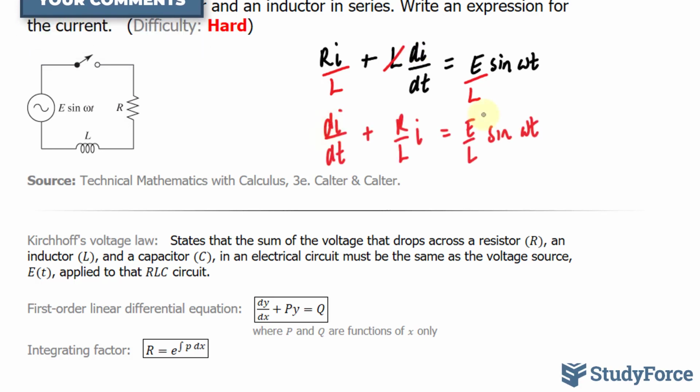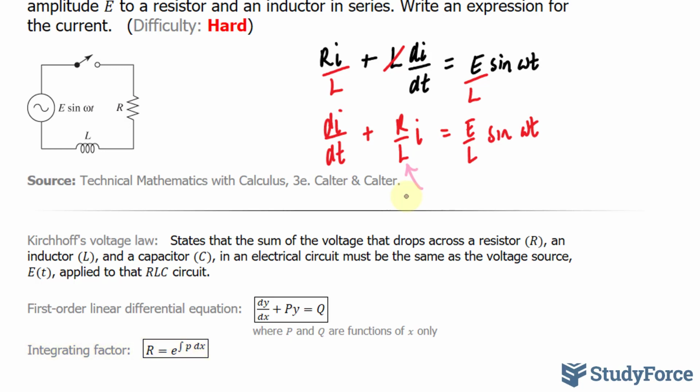Because this equation is a first order linear differential equation, you can identify your P and your Q term, where P and Q are functions of the independent variable, which in our case is t. In this particular equation, this right here is our P, and from that we can find an integrating factor that will enable us to find the general solution for this example.